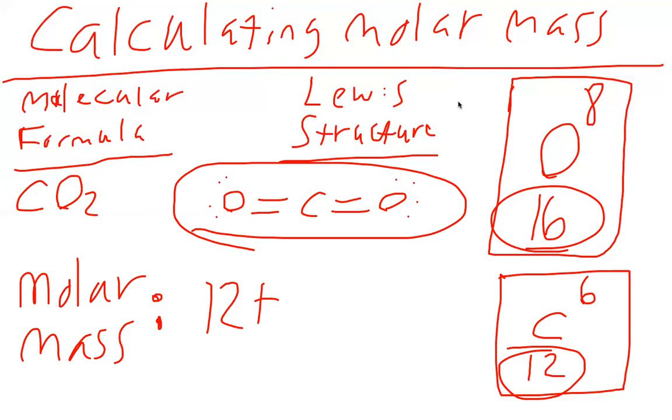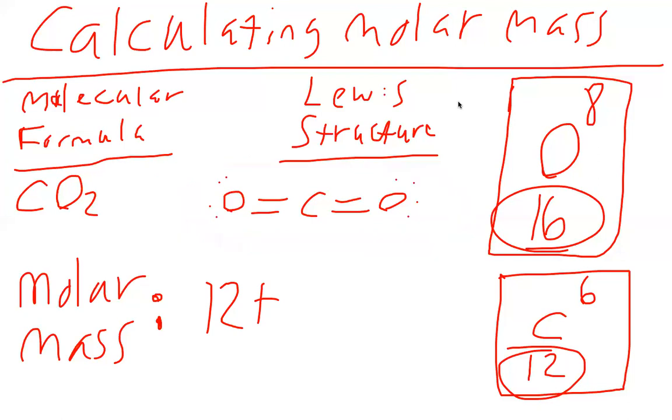Jamie Lee, are you there? I can't hear you. I forgot I was muted. 12. Okay. 12 is the number of grams per mole for a carbon atom, but how many oxygens do we have in this molecule? I've circled the molecule. How many oxygen atoms do you see? How many O's?